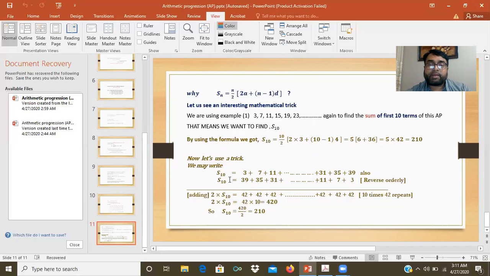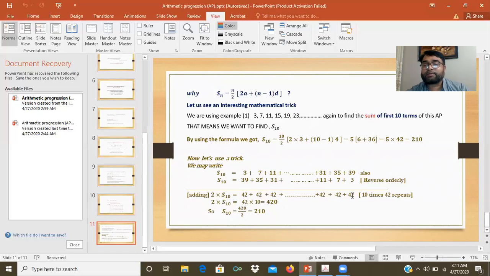So now if we add these two equations, we get 2 times S10, because of a simple algebraic rule. Then 3 plus 39 is 42, 7 plus 35 is 42, 11 plus 31 is also 42, and so on. Every time we are getting 42.